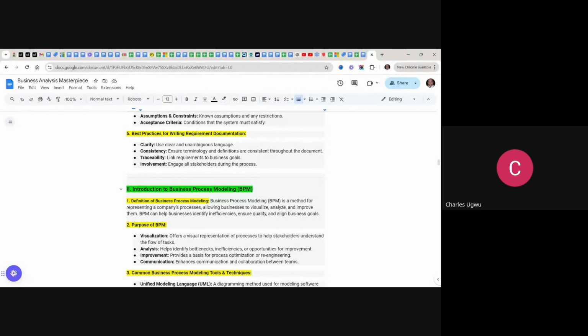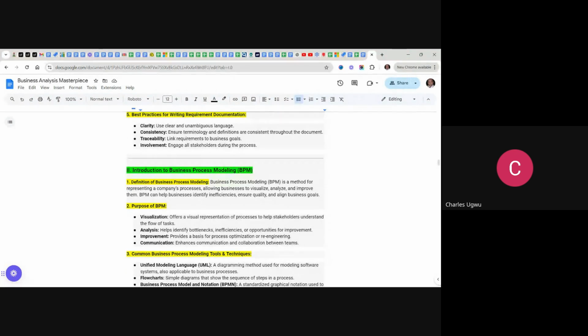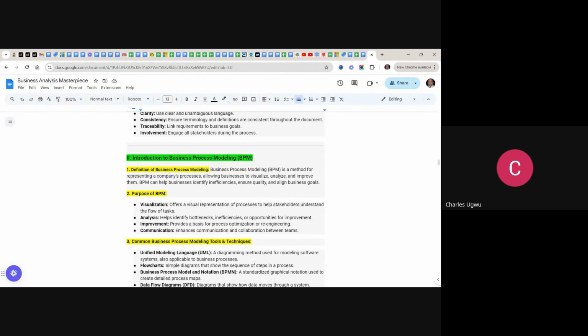It's very, very important. Every business analyst must know how to do process modeling very well. It's part of the things that we cannot escape as a business analyst. Well, it's not so technical, but it's a bit. That's one thing we are going to do very soon.